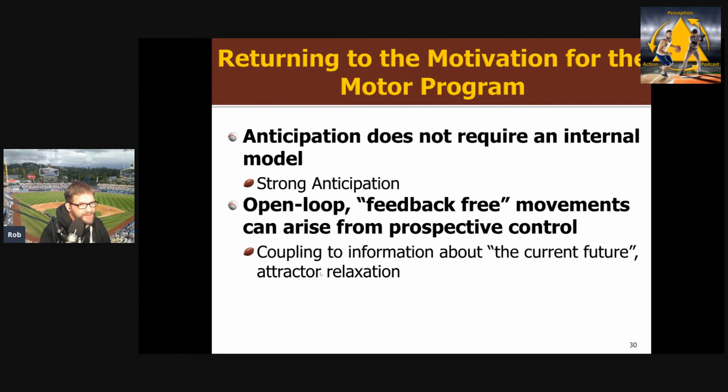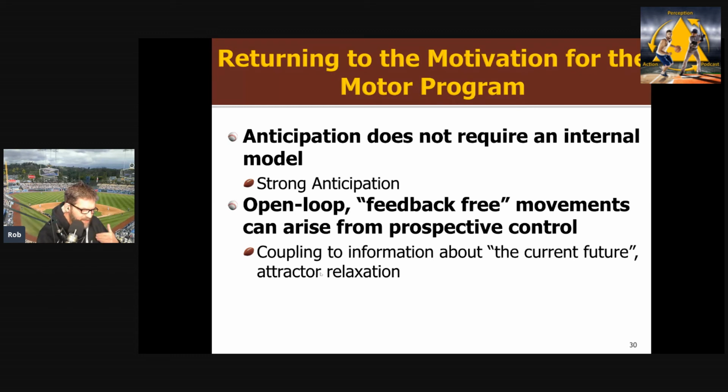Again, you could do it that way, but I think when this comes out, my episode on strong anticipation in the podcast will be out, and I talk about how you can anticipate without having a predictive internal model. The other thing I've talked about a few times in the podcast, and I have a paper coming out on baseball batting, I'll go into detail.